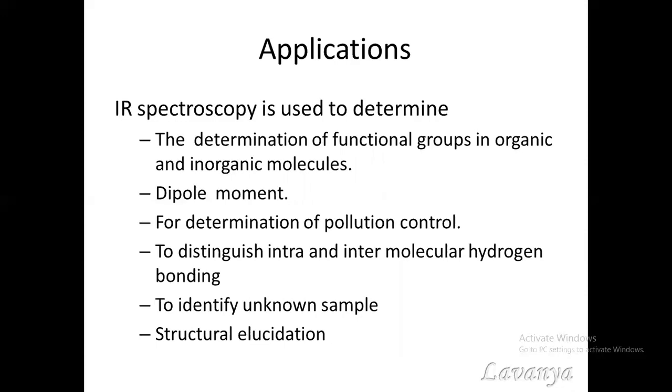So purity can be checked, we can distinguish intermolecular and intramolecular hydrogen bonding, and we can elucidate the structure of an unknown sample. The most important application is that functional groups can be identified using the IR spectrum.